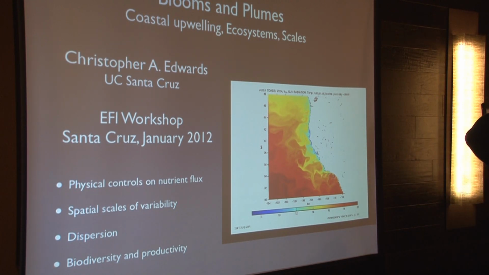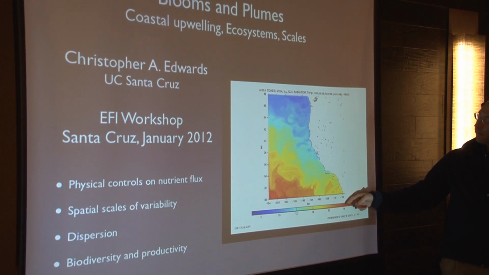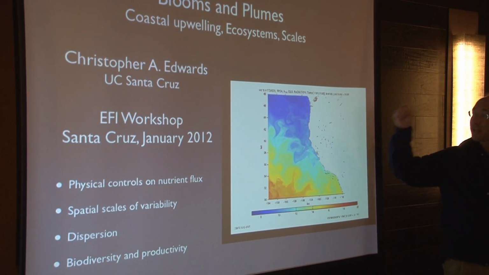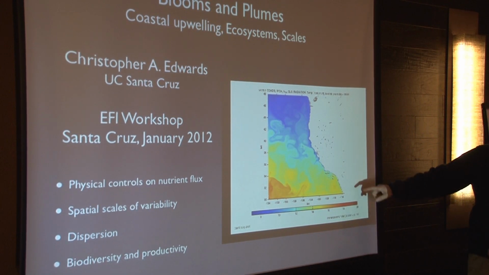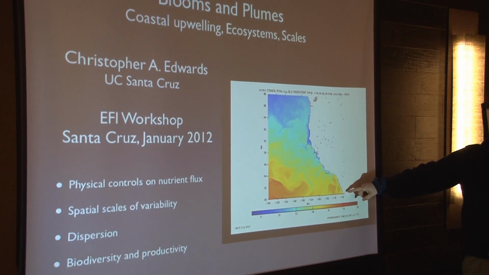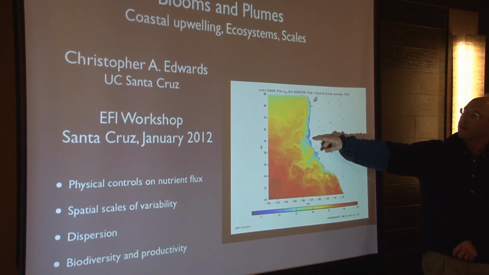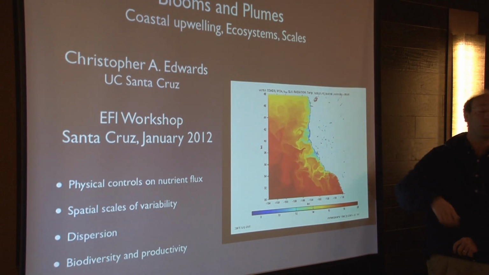This is just an example of one of the models that we work with. It shows very clearly the region that's my area of focus. The coastline is shown here. I didn't put states in here or rivers, so it's kind of hard to see on this projection. But basically, this is mid-Baja, California, Point Conception, Monterey Bay, San Francisco Bay, Cape Mendocino, Cape Blanco, Columbia River, and on up to the Canadian border.